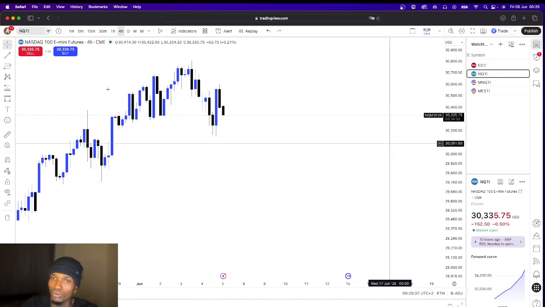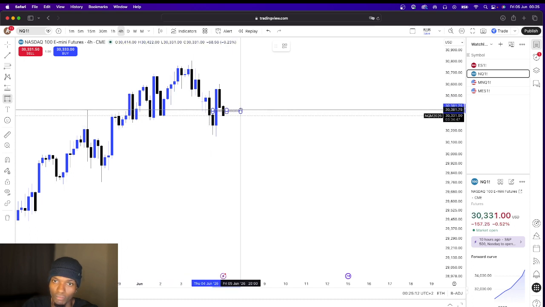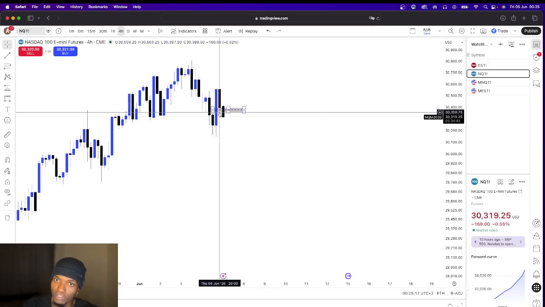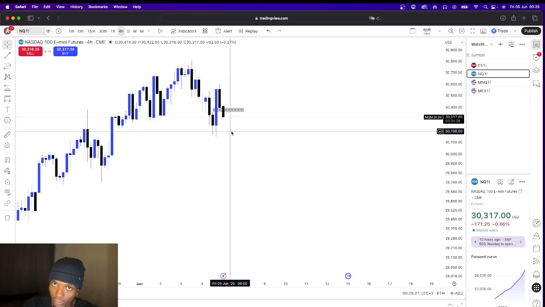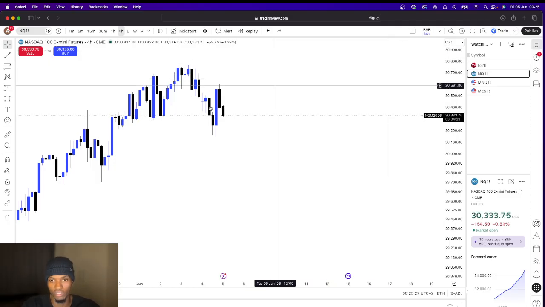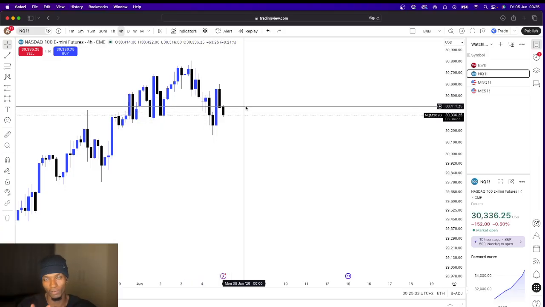But then what do we have again? A fair value gap down here, meaning if we inverse this fair value gap, then we are bearish once again. You understand? So we only care about the present, meaning we only care about the latest candlesticks that we can find on the chart.